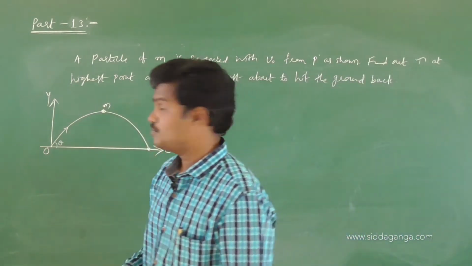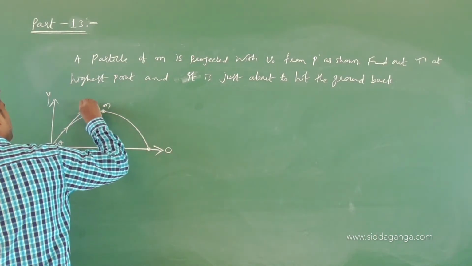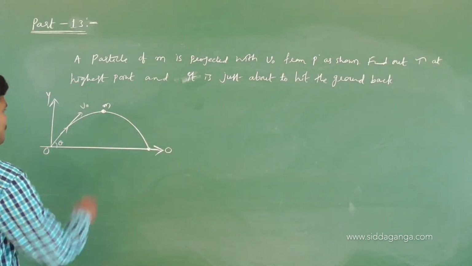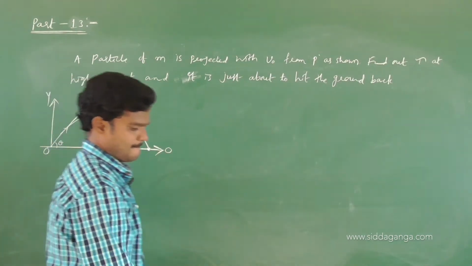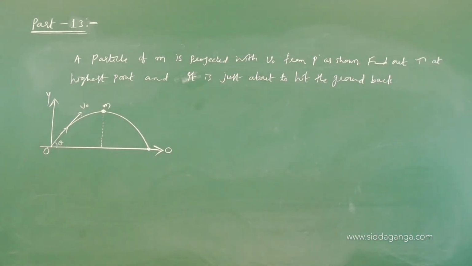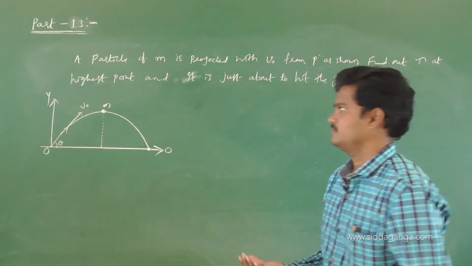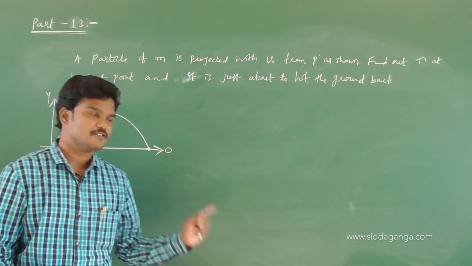A particle of mass m is projected with a speed, how much is given? v naught. They are asking torque. We can find angular momentum also, that also I will continue.